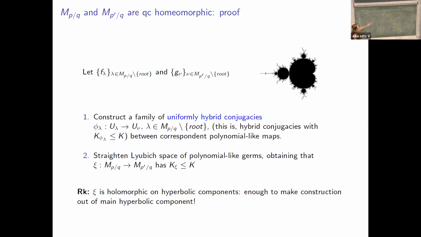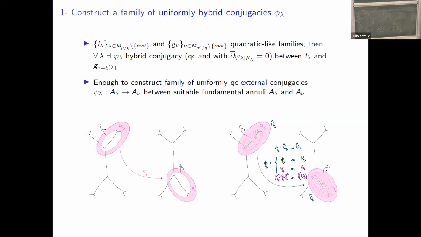So I want this family of hybrid equivalences to be uniformly quasi-conformal. And the first thing that we notice is that my hybrid equivalence is not just quasi-conformal, it's hybrid.